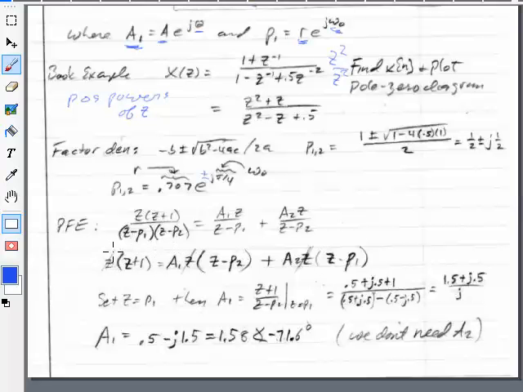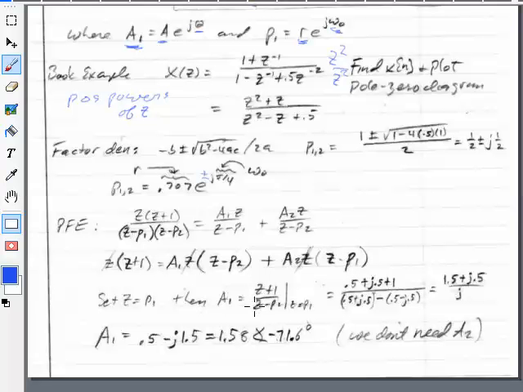And the z terms there I show getting canceled, that they all divide out. Now we can find A1 by getting rid of this whole term, which happens when z equals P1.